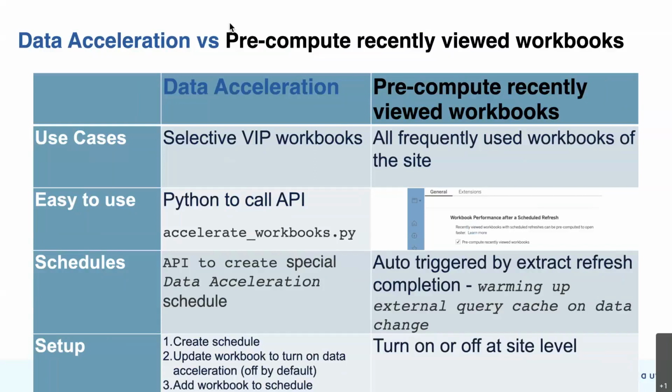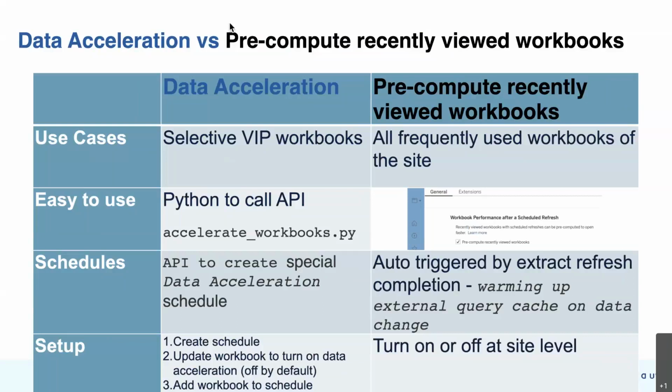Then this will be qualified as a more frequently used workbook, and those will be in scope for the pre-computing cache.